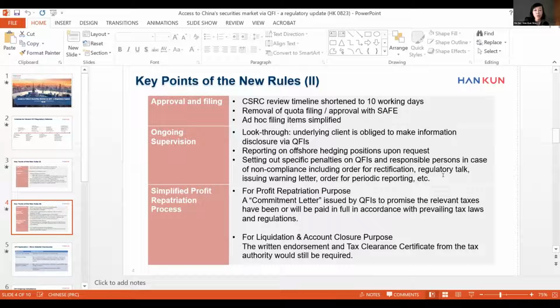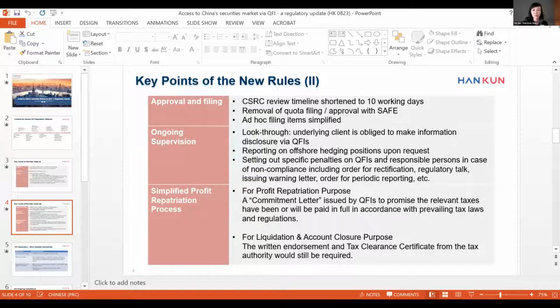For example, for the disclosure requirements, there is a so-called look-through requirement. The QFI's underlying clients are also obliged to make information disclosures via the QFI license holder.